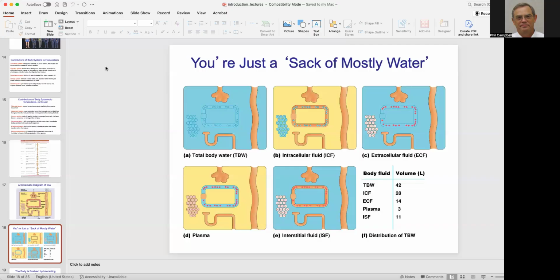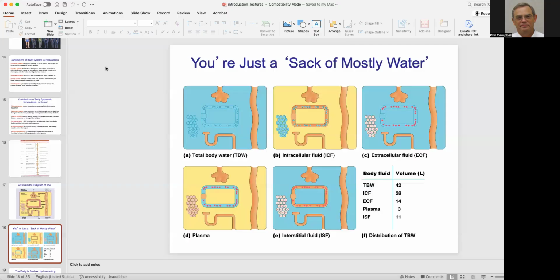Now, of that extracellular water, it can be in two places. It can be circulating as blood, or it can be between cells outside of the blood. Okay, so we call that plasma, the liquid component of blood, or it can be interstitial, which means not in the cells and not in the blood.